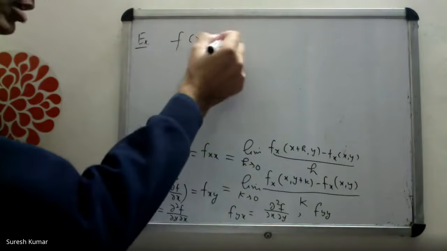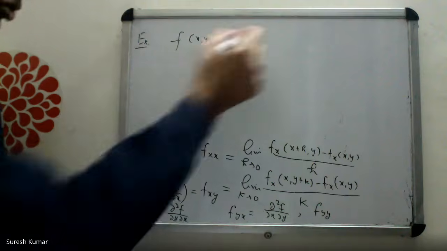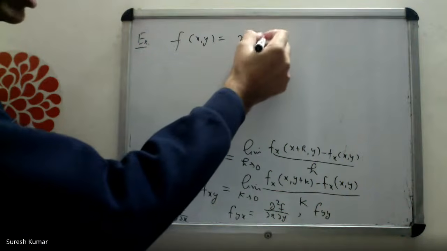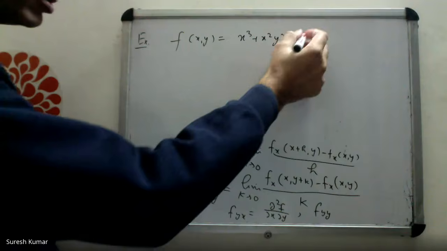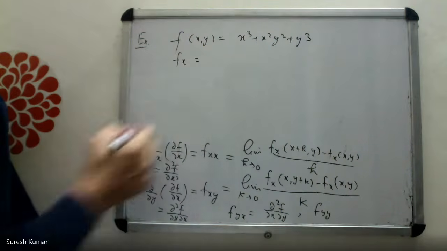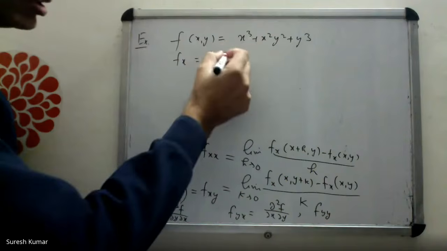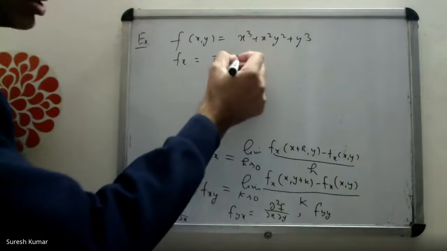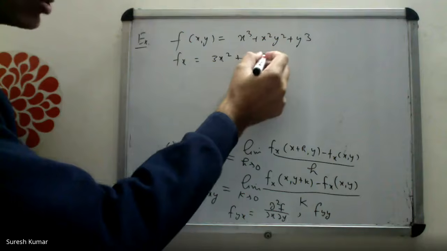Suppose f(x,y) is x cubed plus x squared y squared plus y cubed. What are the first order partial derivatives? f_x is 3x squared plus 2xy squared.